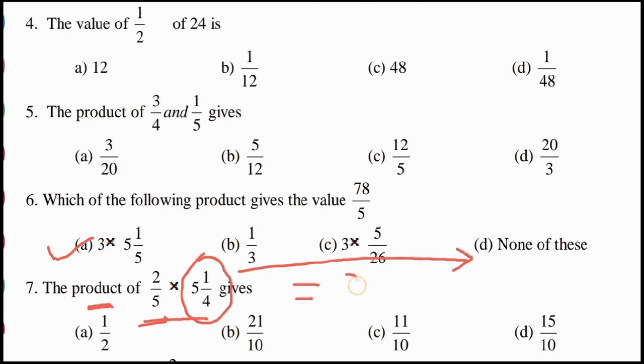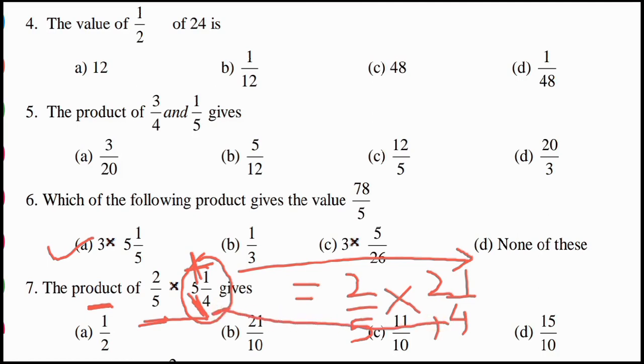We write 2 upon 5 and the multiplication sign as it is. 5 fours are 20, 20 plus 1, 21. So it is 21 upon 4. You have to multiply the whole number with the denominator, then add the numerator to it. So 5 fours are 20, 20 plus 1 is equal to 21, and write the denominator as it is.